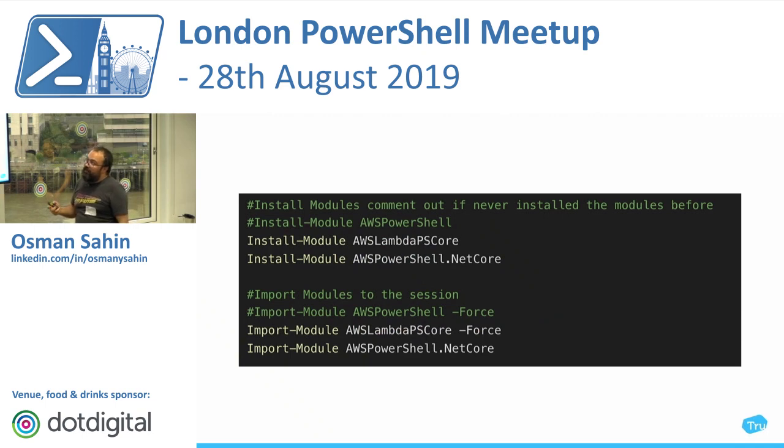Then the next thing is you need to install a module. AWS has PowerShell modules. For that, you need the AWS Lambda PS Core and the .NET Core module. And the weird thing with Lambda is, when you deploy this code, it's not actually PowerShell. It wraps it in a .NET Core package, and it's actually a .NET Core application.